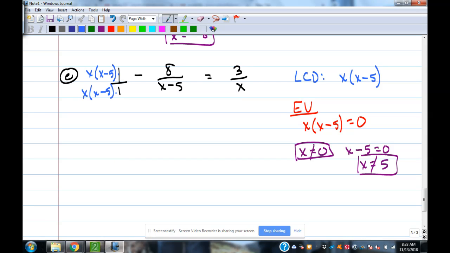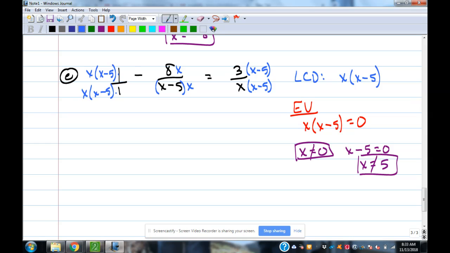What does the second fraction need? Just an x. The third fraction, x minus 5. Okay? I'm going to multiply that all out. I'm not going to multiply out the denominator because remember we're going to drop it in just a minute anyway, so don't waste your time.